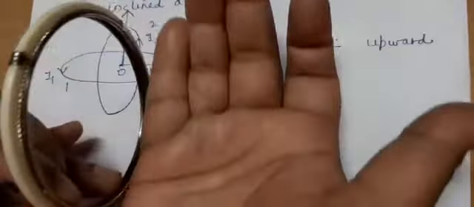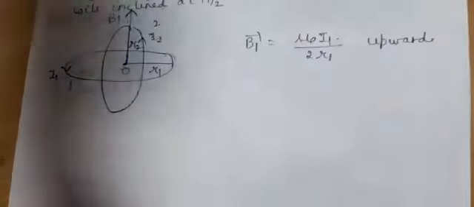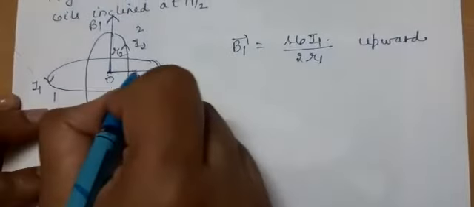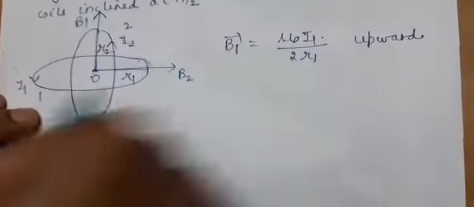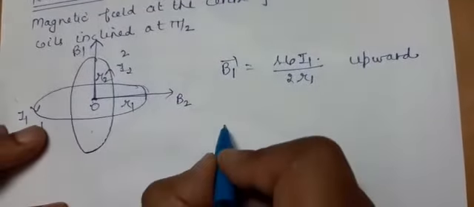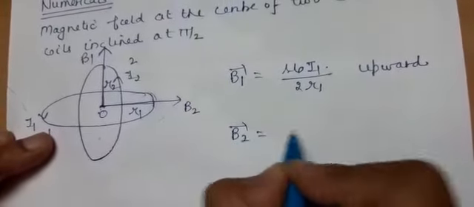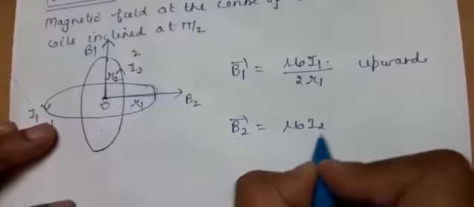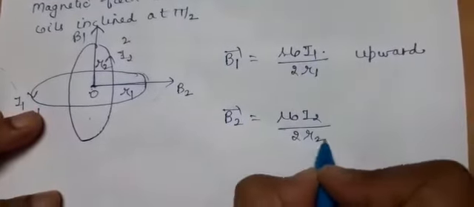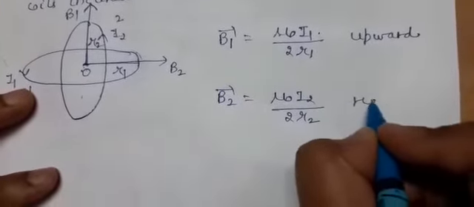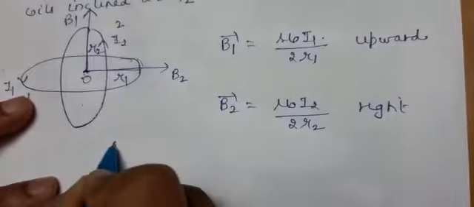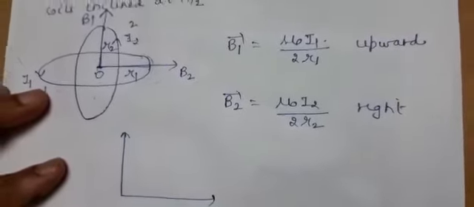So when the current is along this direction, the thumb is along this right side. So I will take the direction of the magnetic field along this side. And the magnitude is mu naught I2 upon 2 R2, towards the right side. So one magnetic field is B1, another magnetic field is B2.